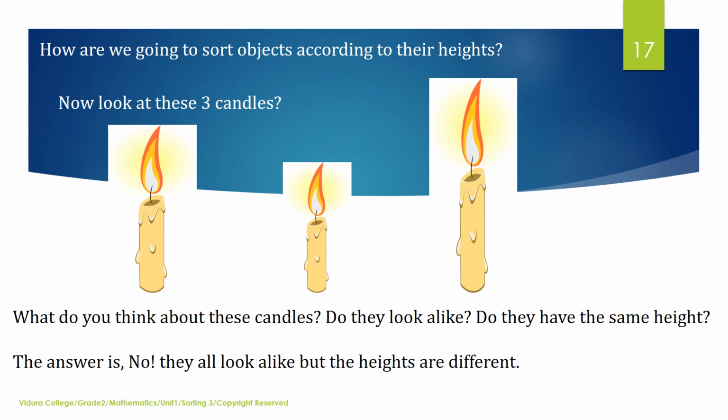Now, look at these three candles. What do you think about these candles? Do they look alike? Do they have the same height? The answer is no. They all look alike, but the heights are different.